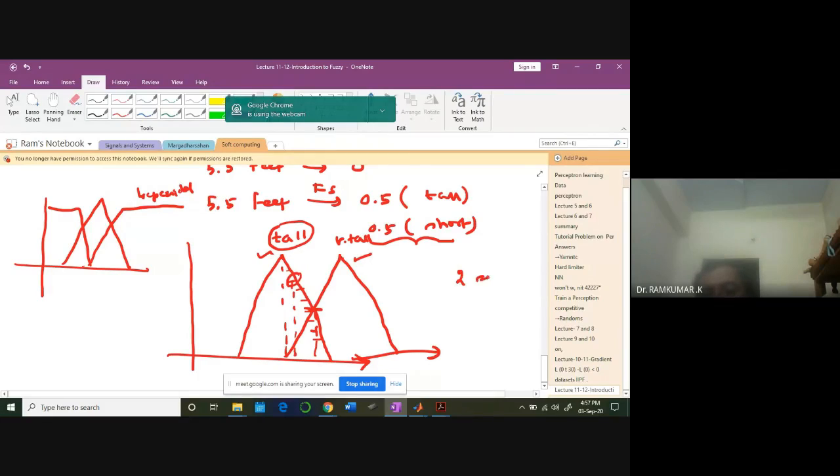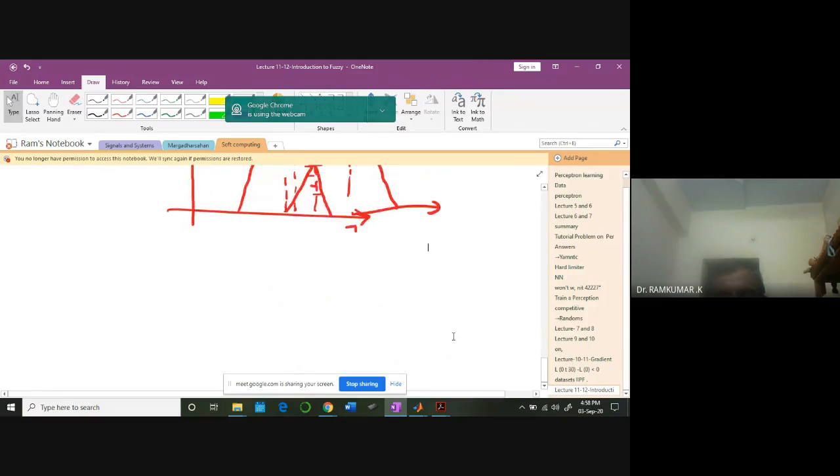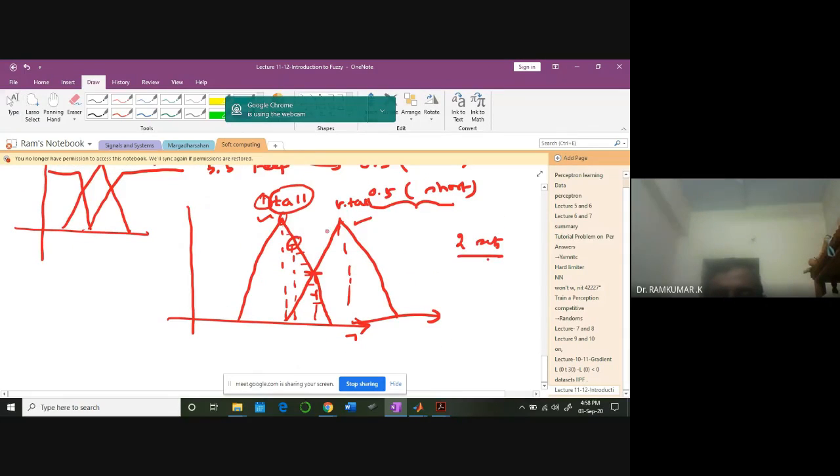But as soon as you give 1 to a particular element, then it is fully belonging to that particular set. You understand? For example, 7 is here. Where you give membership value 1, it belongs to that set alone.